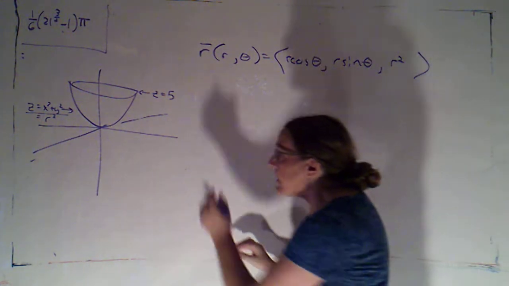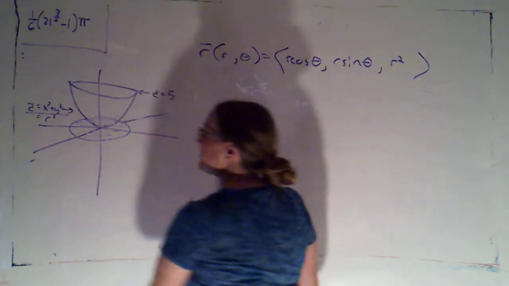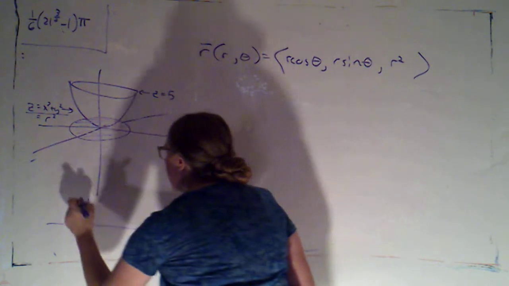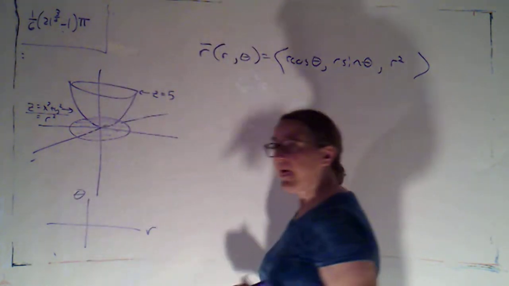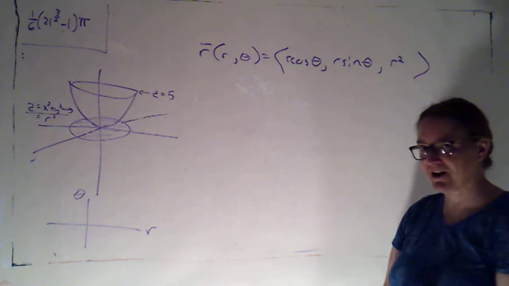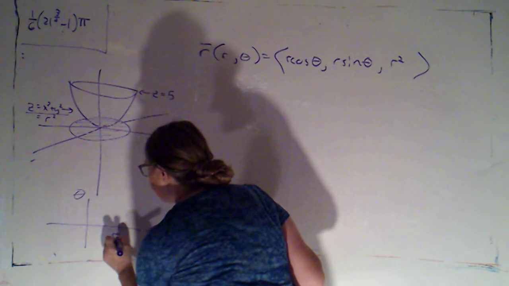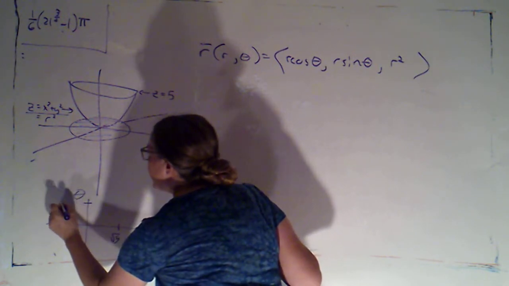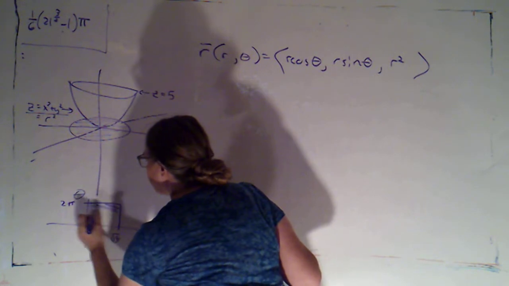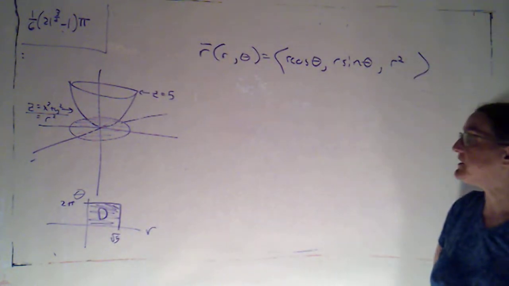Now I know I'm trying to describe this disk of radius root 5, but now I'm doing that in the r theta plane, where my parameters r and theta are rectangular coordinates. R is varying from 0 to root 5, theta is varying from 0 to 2 pi, and so we're integrating over this rectangle, which I will call D.